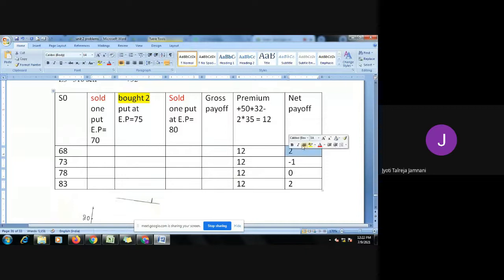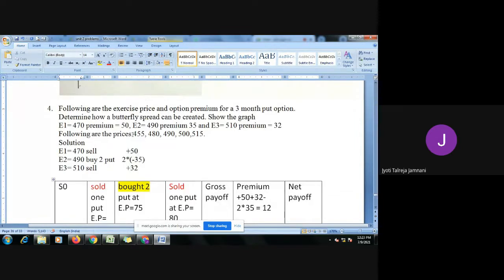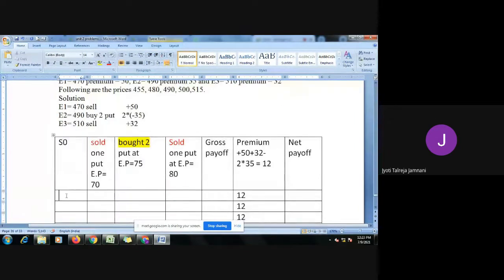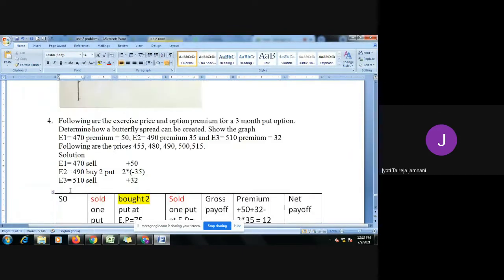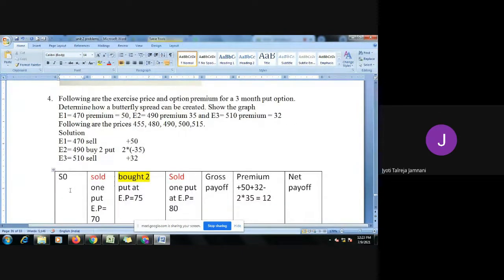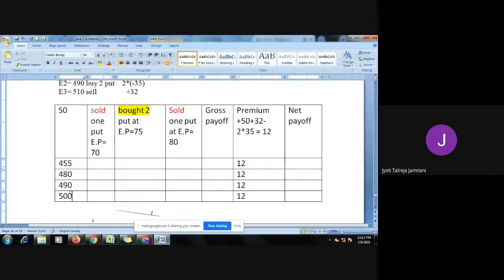Now what we'll do is we take the expected prices, which is given in the question here: 455, 480, 490, 500 and 515.